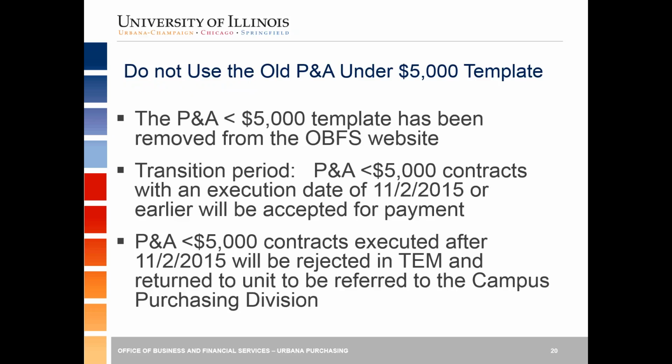Accordingly, University Payables will process for payment in the TEM system P&A under 5 template contracts that are executed on or before November 2nd of 2015. Any P&A agreement under 5,000 template contract that is executed after November 2nd will be rejected by UPay. So after November 2nd, you need to use the new template.